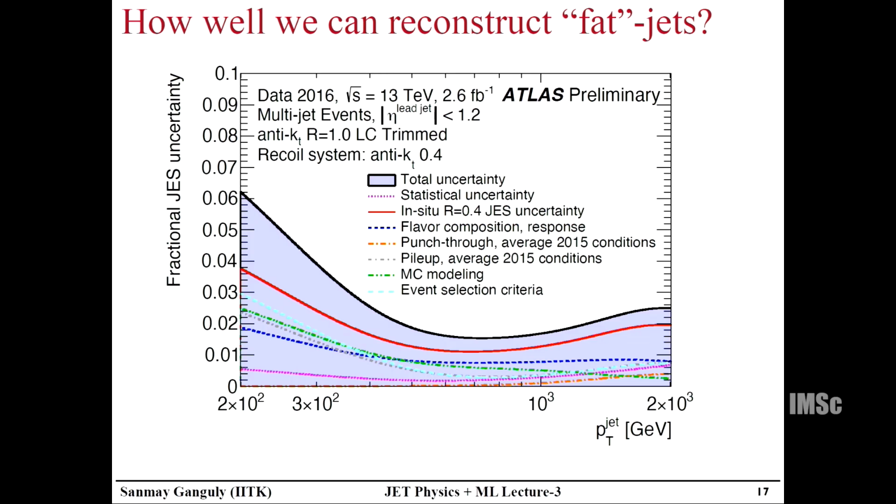So at low PT, which in this case is 200 GeV, the maximum uncertainty on the reconstructed jet PT is 6%, whereas it drops to something of the order of 2%, and again it increases to maybe 2.5%. So that's a remarkable thing.